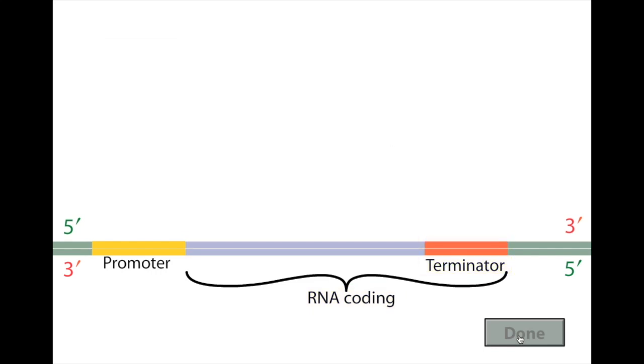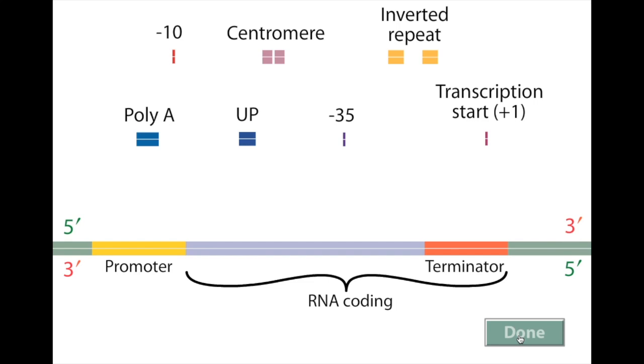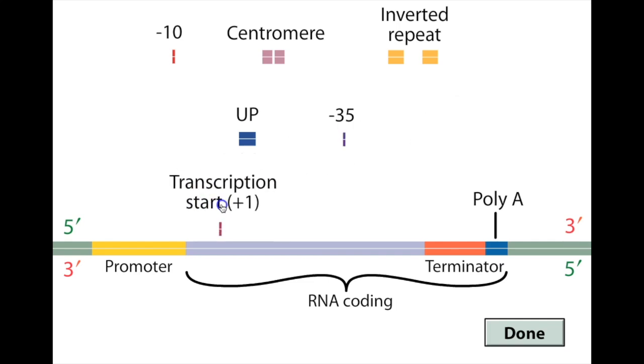Now, add individual elements to the critical regions of the transcription unit to create a DNA sequence ready for transcription. Okay, this is a little bit harder, but we know at the end we have a poly A, and this is important for translation, as well as the end of transcription. We have a transcriptional start site right after the promoter. Okay.